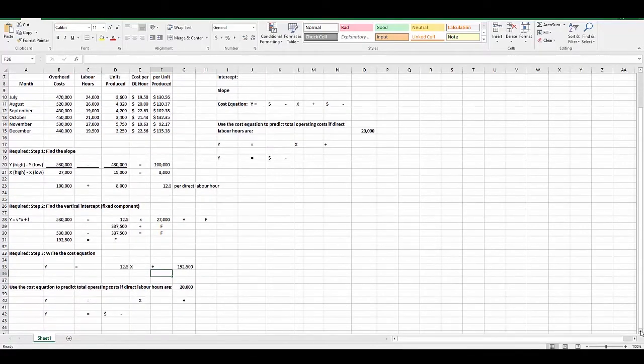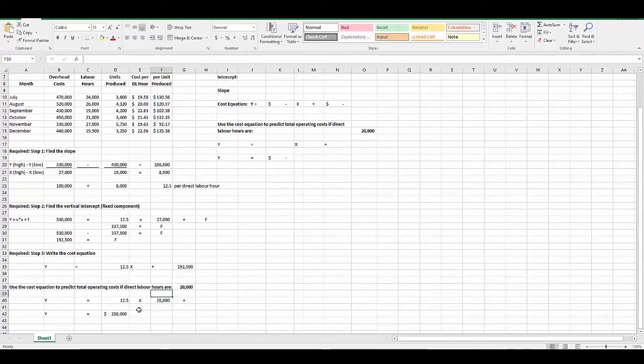Just to show you how this would work, if you're anticipating your direct labor hours are going to be 20,000, you would enter in your 12.5 and multiply that by 20,000 hours.